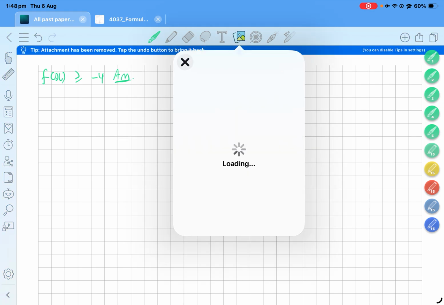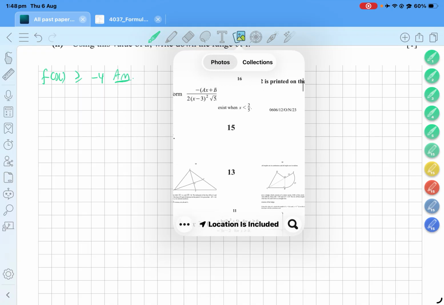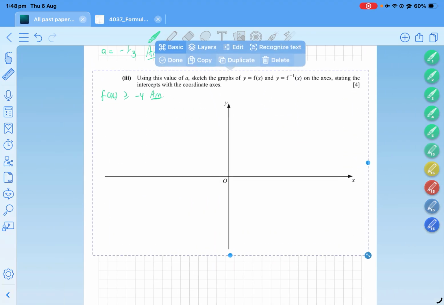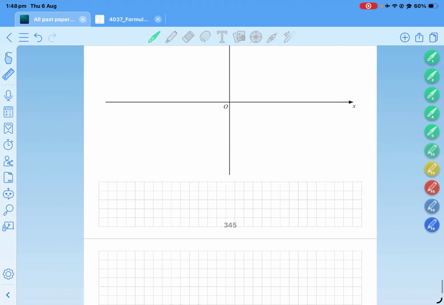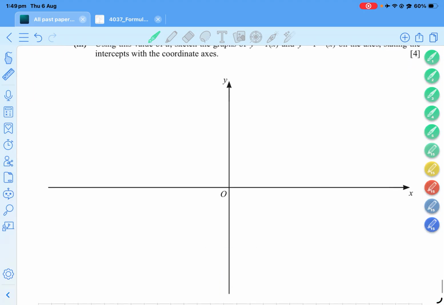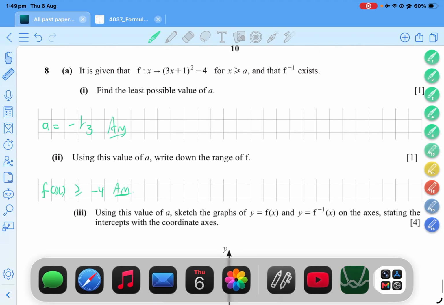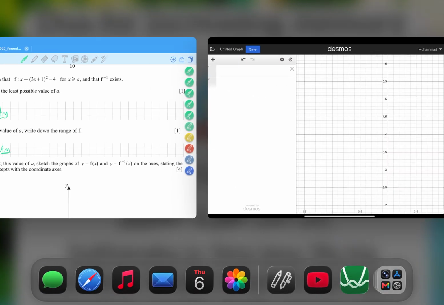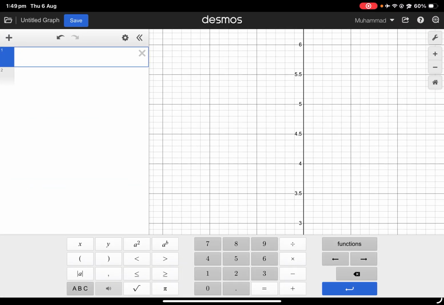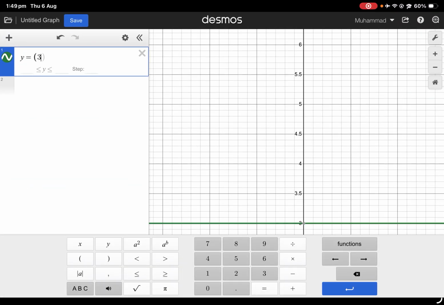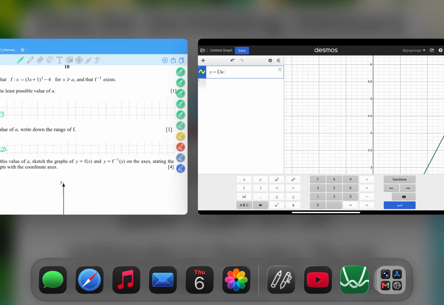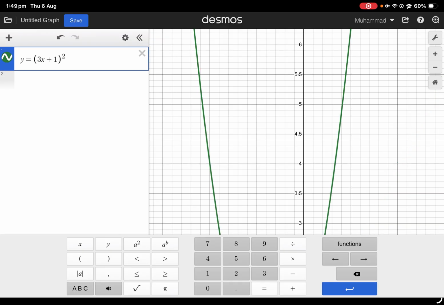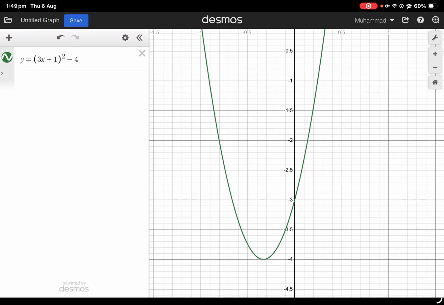I'll just put this picture. I wanted to sketch f inverse of x and f of x. Let's do that. So y equals 3x plus 1, whole squared, minus 4. So this is what it looks like.